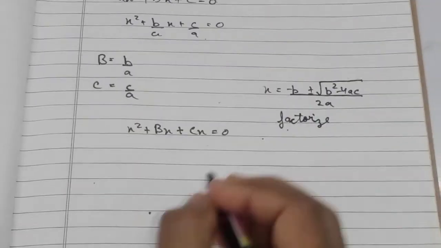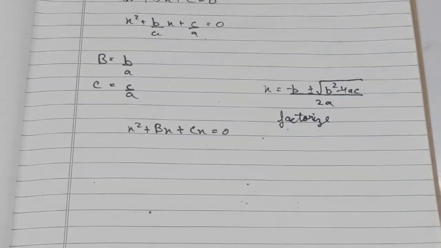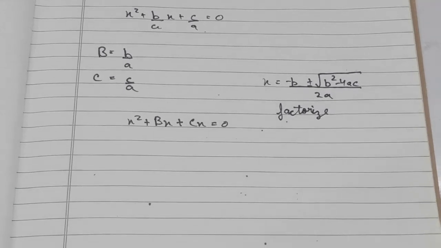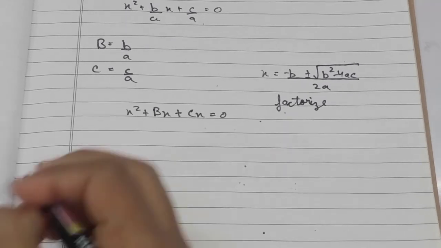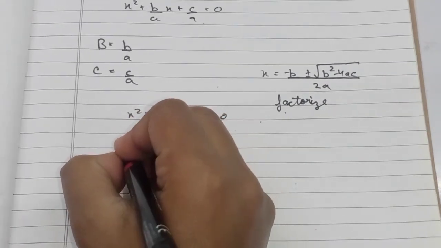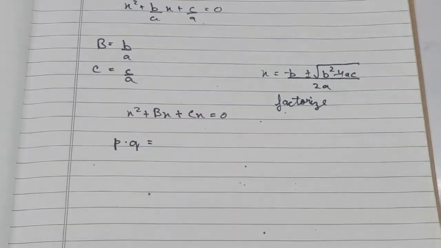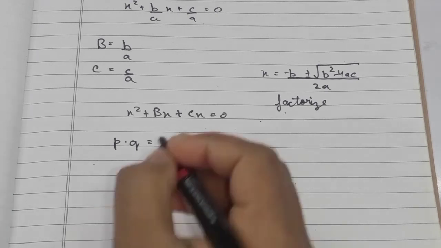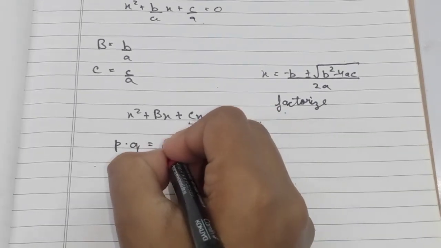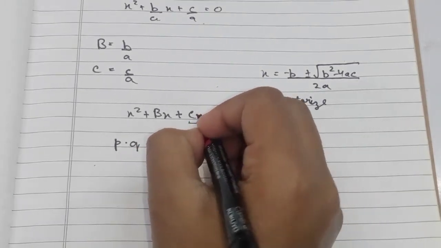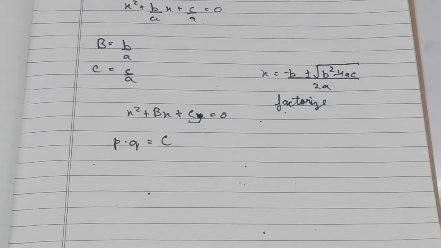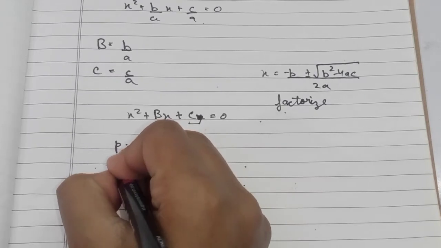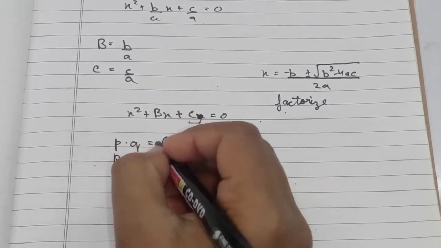In factorization, we try to find two numbers, let's name them p and q, such that the product pq is the third term, the constant term c, and their sum p plus q is b.